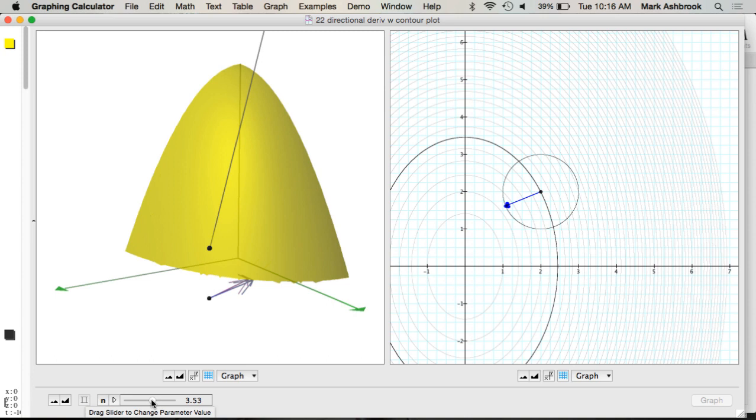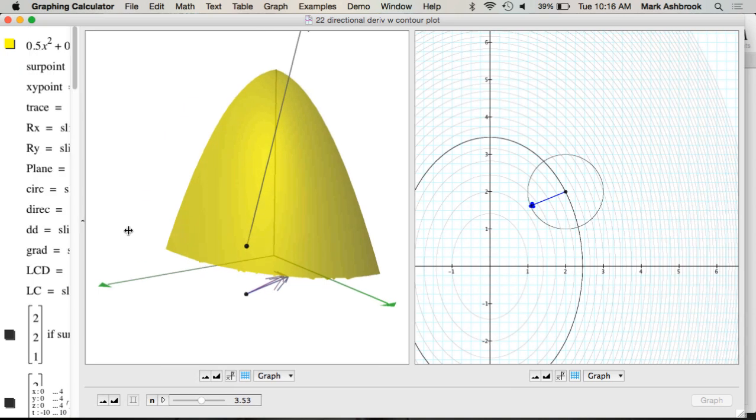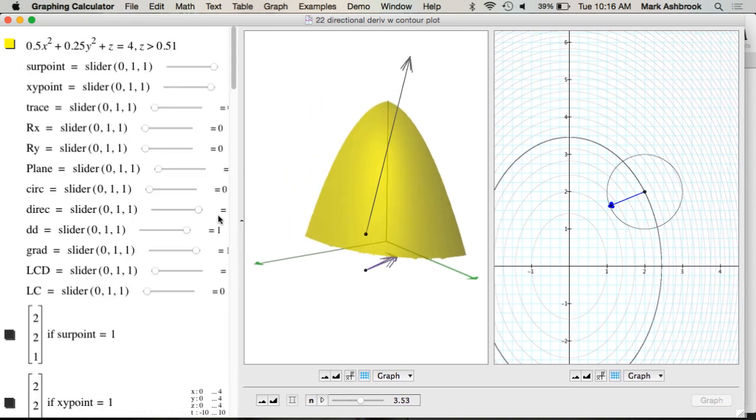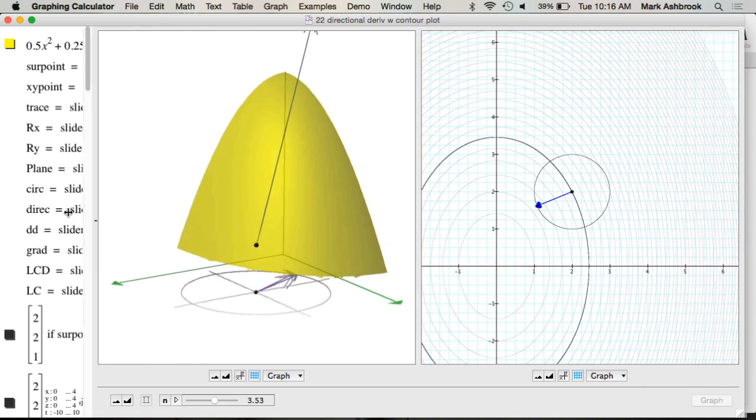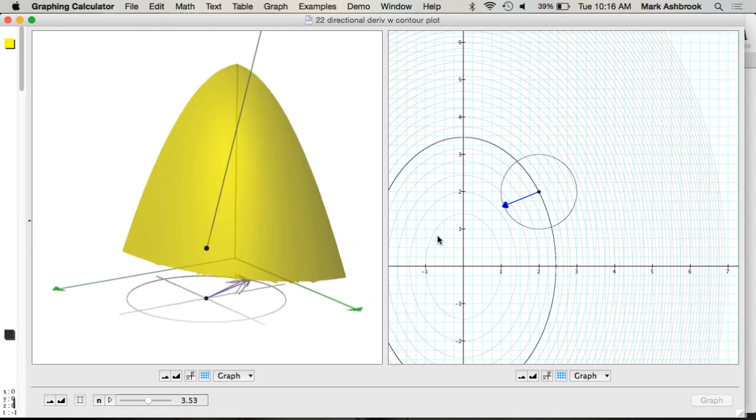And notice what happens. Now I'm showing the contour plot over here. This is that same circle I had before down here, but now just looking in the contour plane. What do you notice? What's the direction of max ascent?